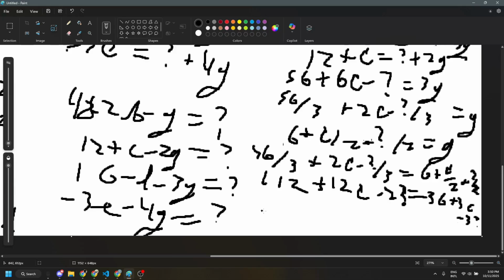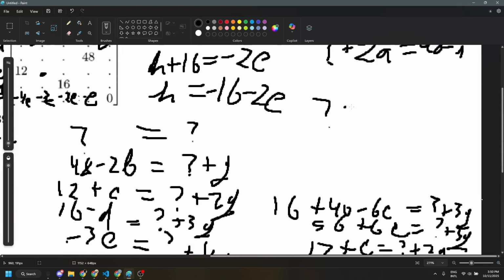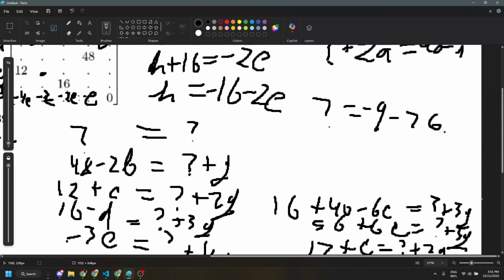Okay, now simplifying, we get question mark plus, this minus 6 would be 106, minus 30 would be 76, plus 9c is equal to 0. So question mark is equal to negative 9 minus 76c.